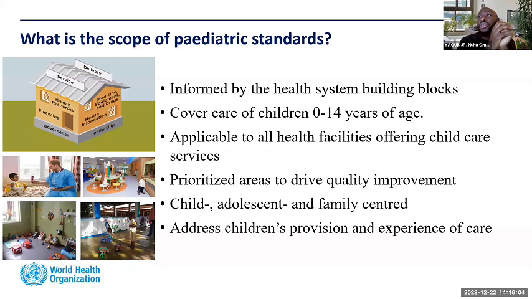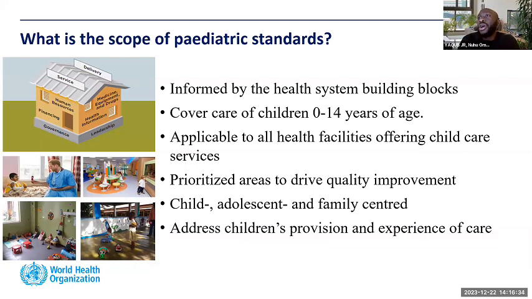For WHO, most of our care previously has been 0 to 5 years, but the standard covers 0 to 14 years. So it covers 0 to 10 children and then early adolescents, focusing on the key conditions affecting that group at a global level. What happens is that each country will also have to adapt the standards to make sure that they're aligned with the priorities for their country or for their districts.